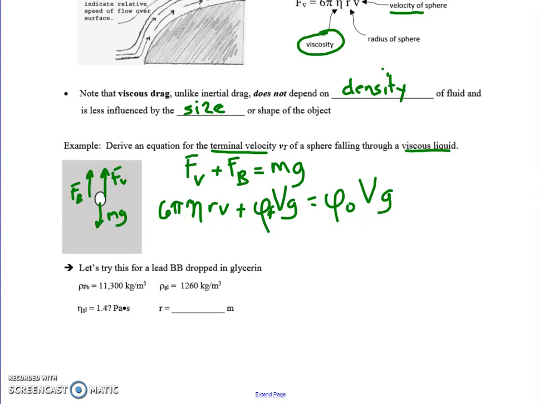If we're trying to solve for the velocity, what we're trying to solve for is this velocity term right here in our fluid drag equation. So if I move the rho terms to the other side, what I have is 6 pi eta r v equals V times g, rho of the object minus rho of the fluid. Okay, so we have to do one more bit of tweaking. I'll let you do that. We'll talk about that in class.